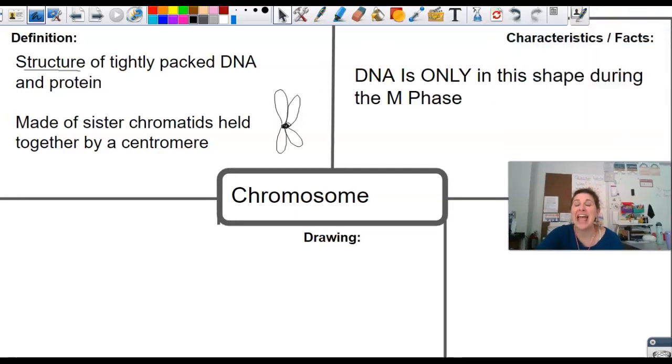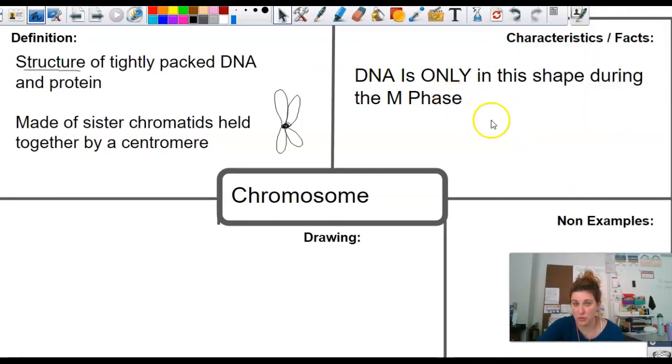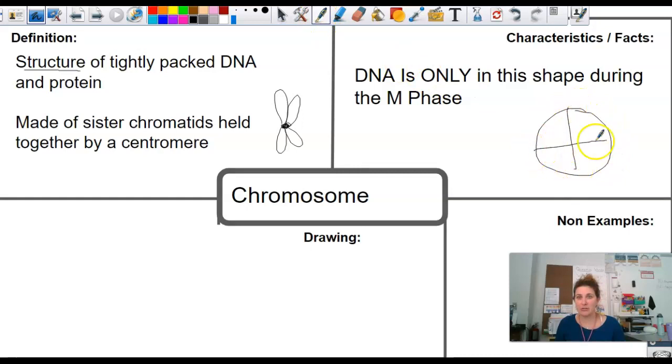We only ever see a chromosome during the M phase. So if you think about the whole cell cycle, G1, S, G2, and M, the only time we see this structure is in the M phase.